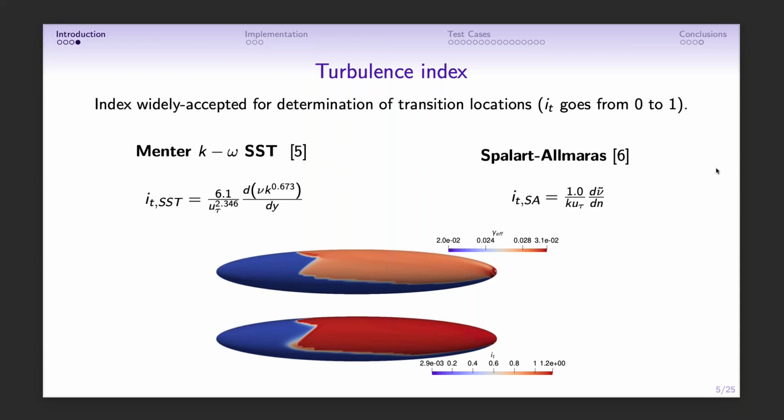We can compute it on the surface of the body we are interested in. Here I'm reporting a comparison between the surface covered by the effective intermittency for our test case that I'm going to show you later on, and the turbulence index on the bottom, and we can see that they agree really well. So we can define the transition location in this way.